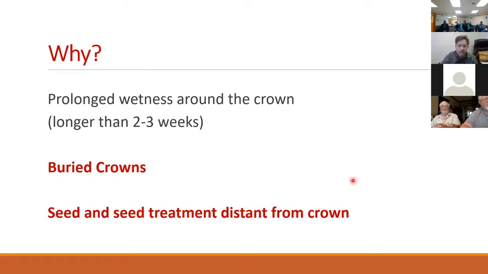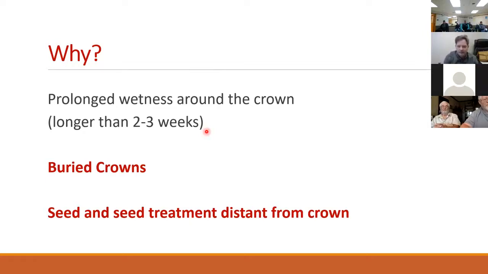One is that typically what we find is those tend to be years where we have a prolonged wet spring. These seed treatments provide a protective window of about two to three weeks, and if the wetness around that crown extends beyond that, then they fail.